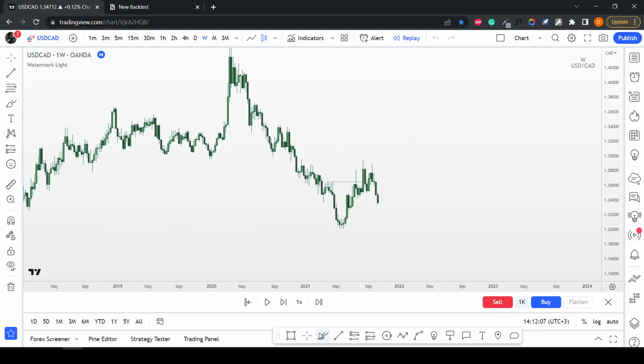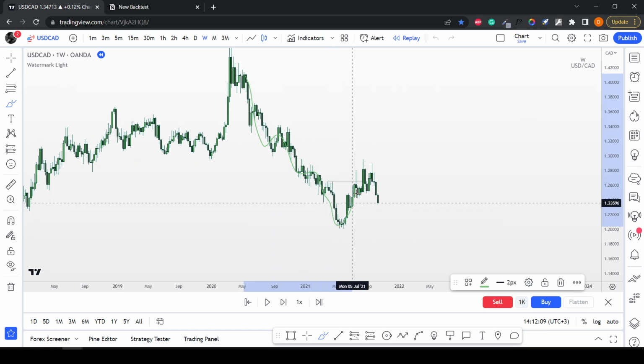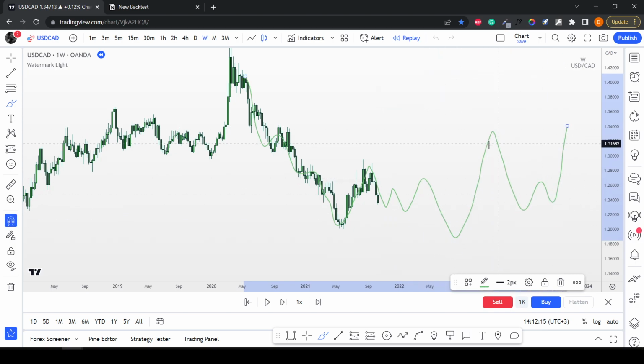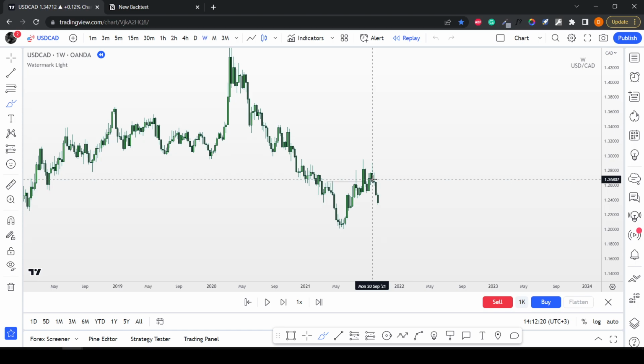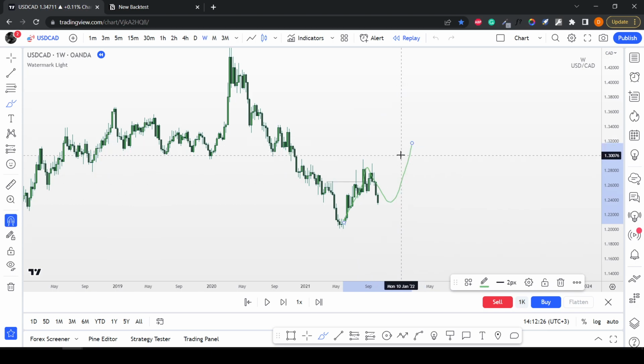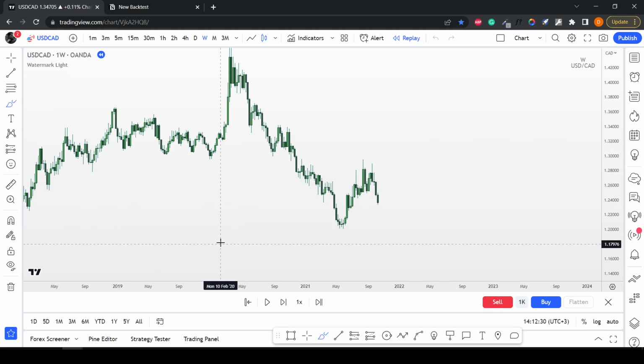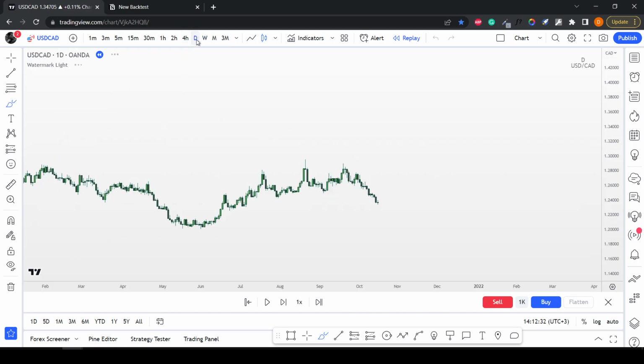Either it could be a redistribution after this local downtrend, or it can be a start of accumulation to go higher, or it can be just already first sign of a trend shift. So some bullishness present from higher time frames, and let's look on daily.